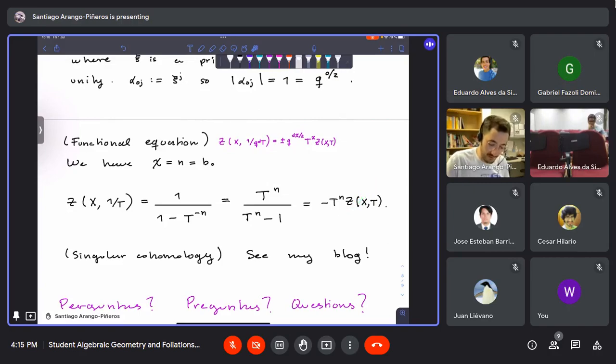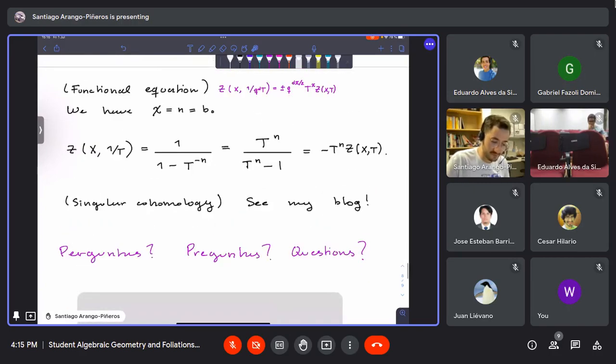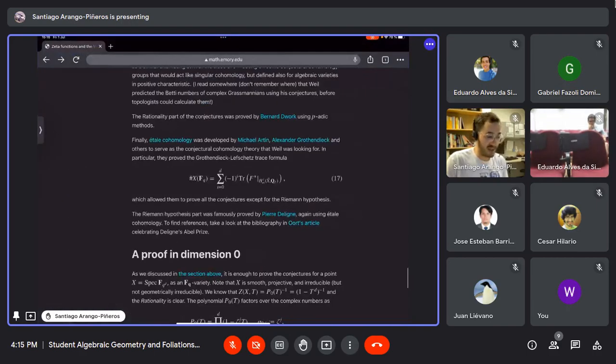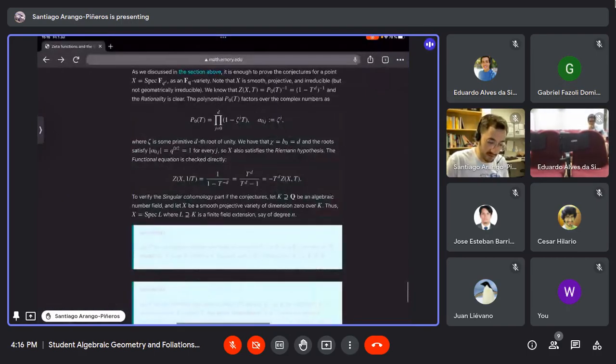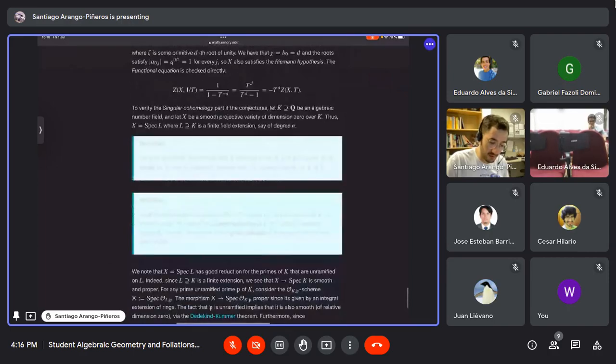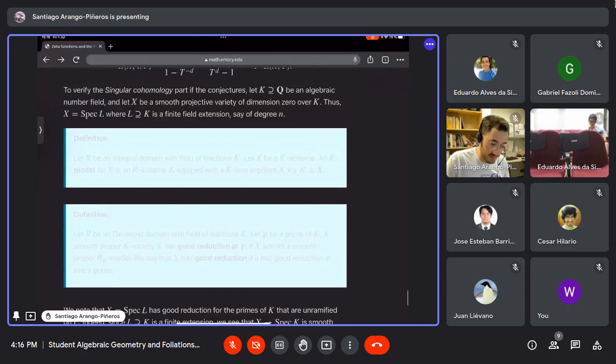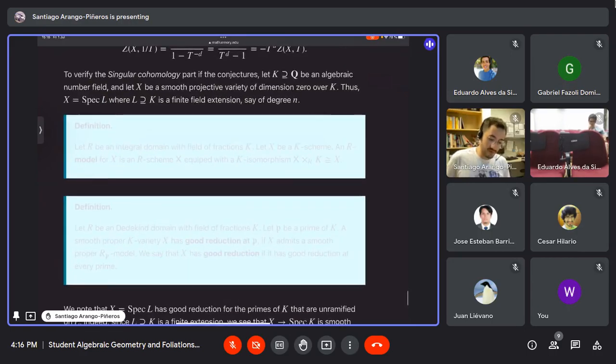And finally, the hardest part of the conjecture, maybe just say a couple of words about it, is the relationship with singular cohomology. So for this, we have to get a little technical and define what it means to get a model for our variety, and what it means for our variety to have good reduction at a given prime.